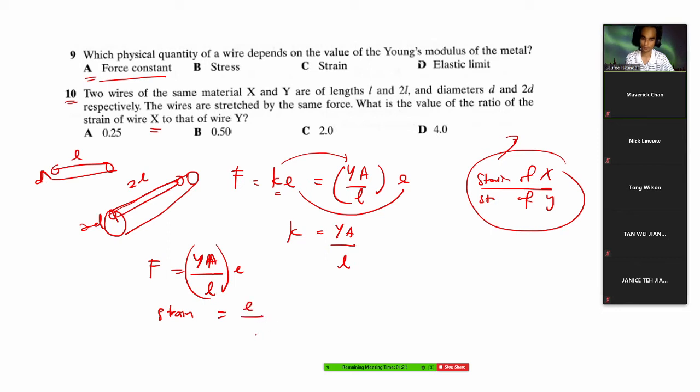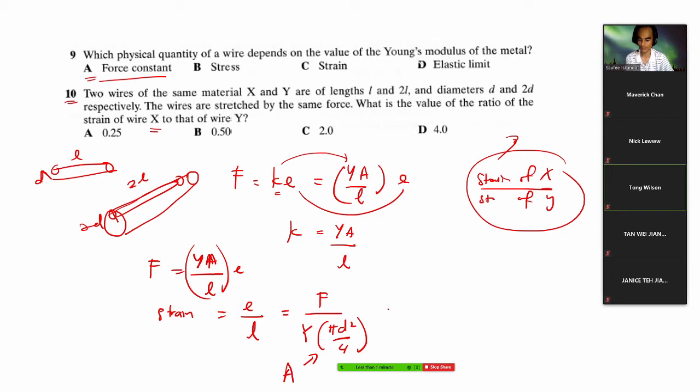Extension divided by original length, E over L. So we have F over Young modulus times A, where A is actually pi d squared over 4. This is the area.